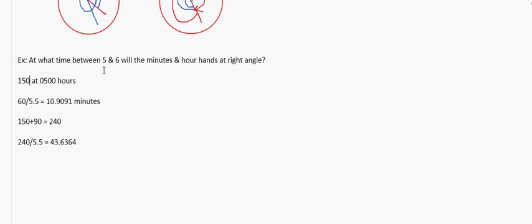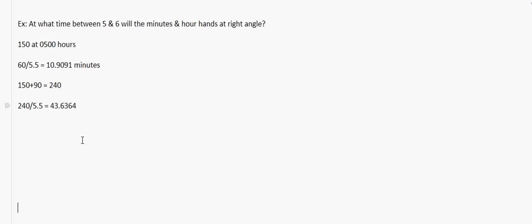So the minute hand, initially it was 150 degrees, finally it has to be 90 degrees. So it would become 90 if it travels 60 degrees, or again it would become 90 when it travels 150, coincides and further goes 90, which means 150 plus 90, 240. So these are the two times when it becomes 90 degrees to the hour hand, right?